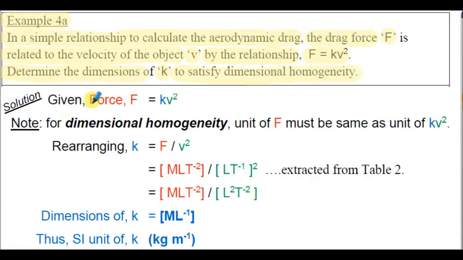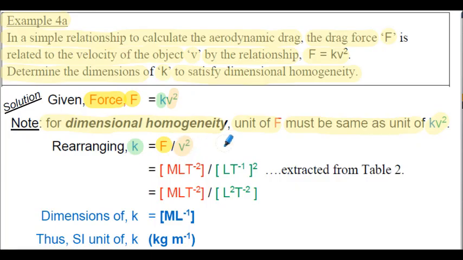So given that force F is equal to k multiplied by v squared, and noting that for dimensional homogeneity, the unit of F must be the same as the unit of k v squared, we firstly rearrange the equation for k, dividing both sides by v squared, so k is equal to F divided by v squared.